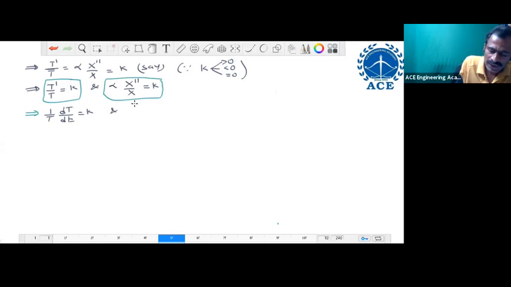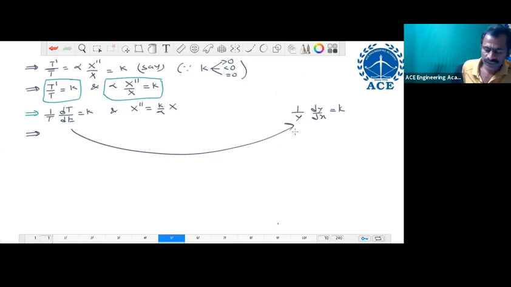And second order is X double dash equal to k by alpha into X, which implies this first order ordinary differential equation is just like this in terms of our usual variables: 1 by y dy by dx equal to k only. Now we can tell the method for finding the solution of this. It is only a function of y, constant, function of x is 1, variables are separable. So we can solve this equation by variable separable method only.